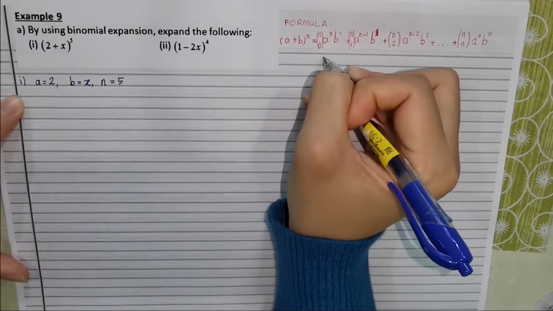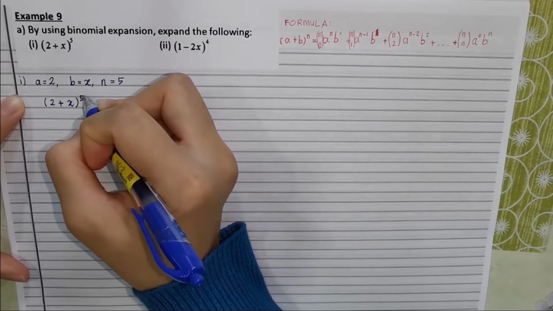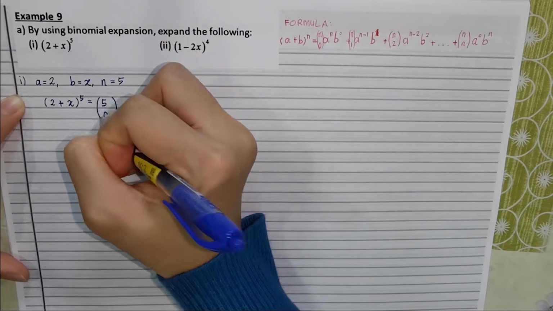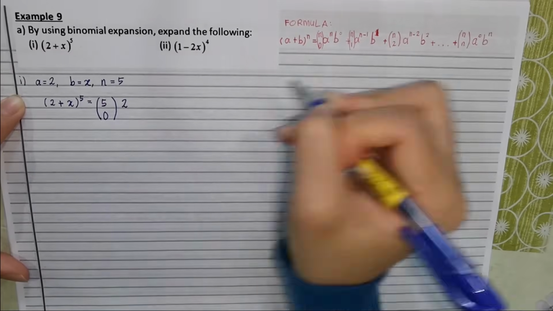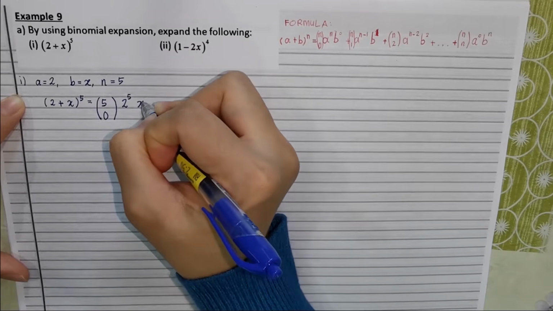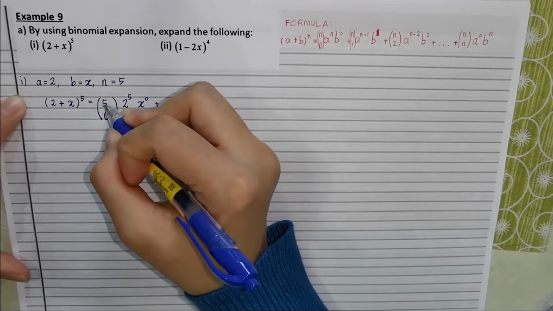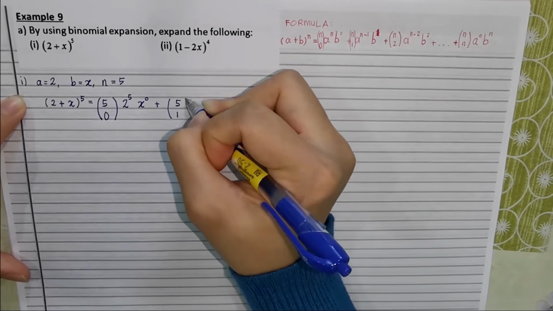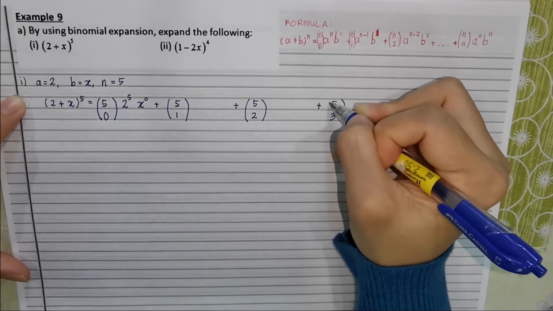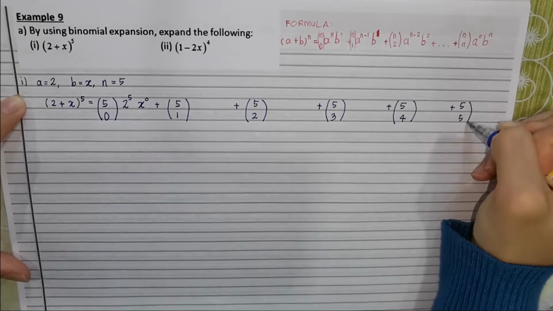Using this binomial expansion, (2 + x)^5 equals. Remember we start with the power 5, starting from 0. Then a, which is 2, starts with the highest power 5. The second term, x, starts with 0. So let's apply the formula. We have 5C0, 5C1, 5C2, 5C3, 5C4, and then we reach the last term 5C5.